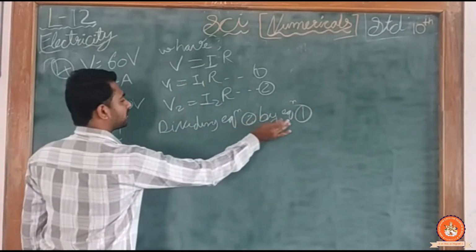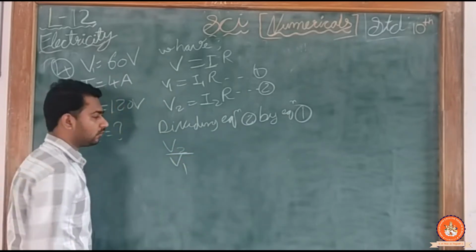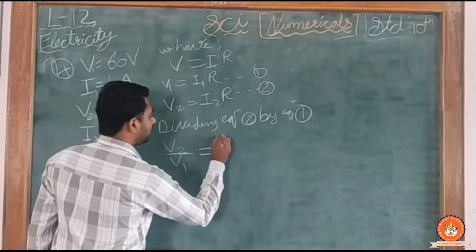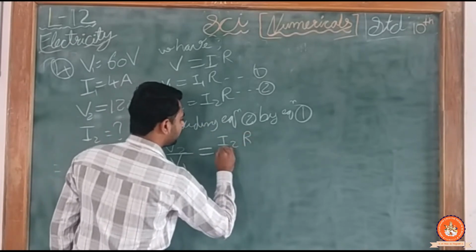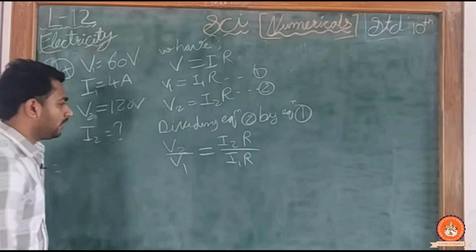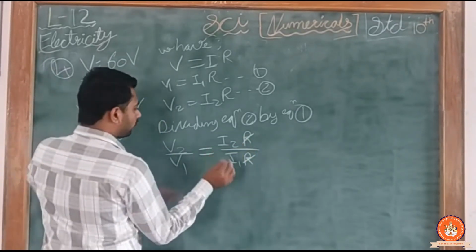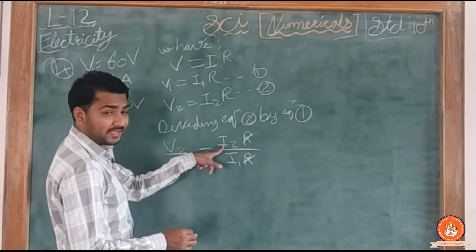Equation 2 divided by equation 1, that means V2 by V1 is equal to I2R divided by I1R. Clear? Now R and R cancel. Done. We have to find the value of I2.